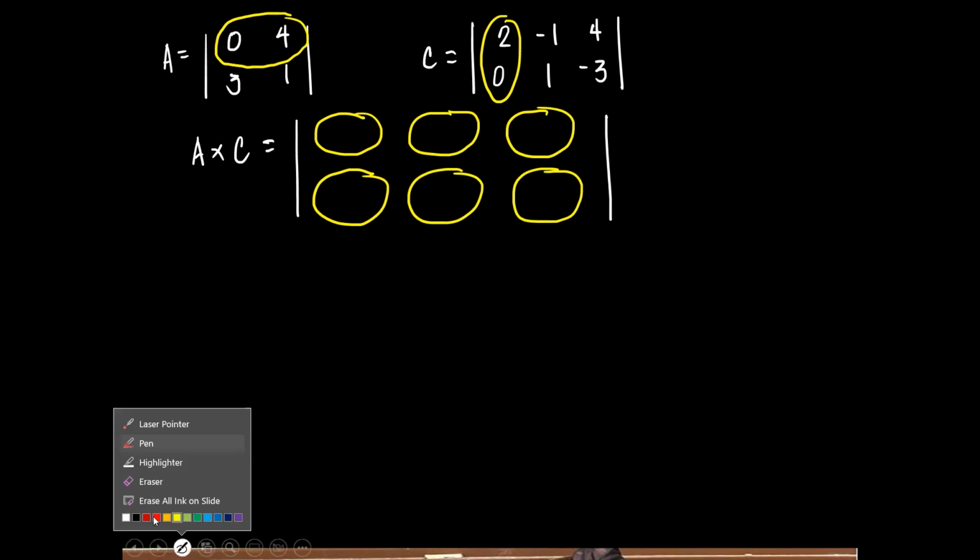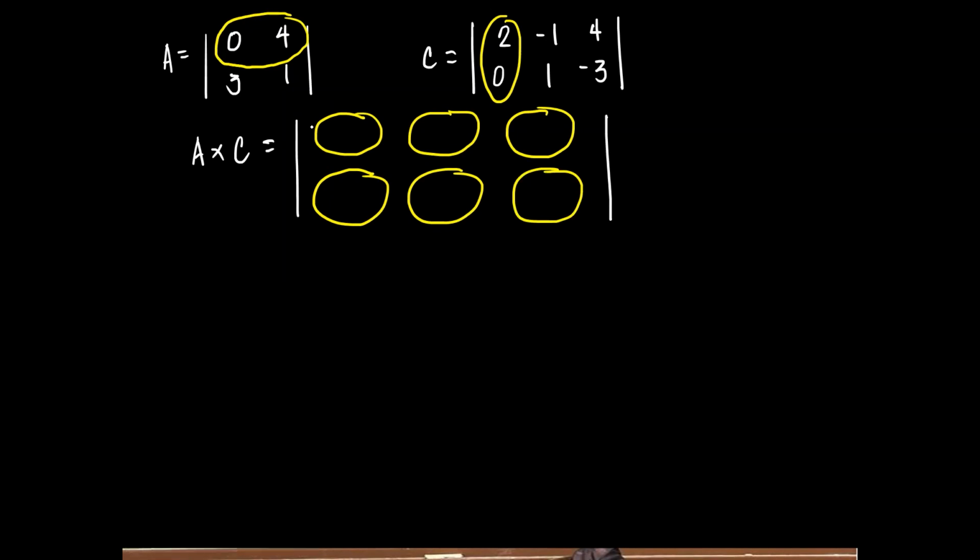Okay. Can you please help me fill it out? For the first one, 0 plus 0. Sige, tuloy-tuloy lang ha. Next is 0 plus 4. Next is 0 minus 12. Very good. Next is 6 plus 0. Negative, -3 plus 1.